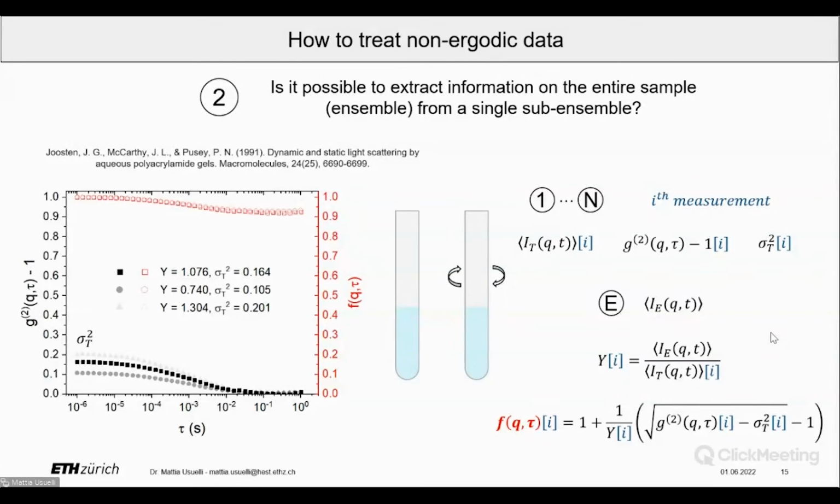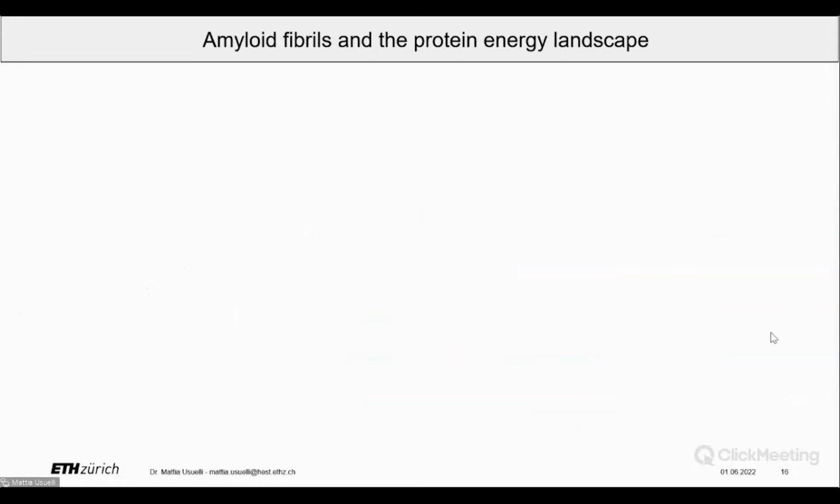I applied this formula to each, and you see that three curves that in the beginning look different from each other are now nicely overlapping. It means that the motion of the units that I'm probing is the same. And finally, I observe a quantity that starts from 1 and decays not to 0, but to a non-ergodic plateau value. Now let's see an application.